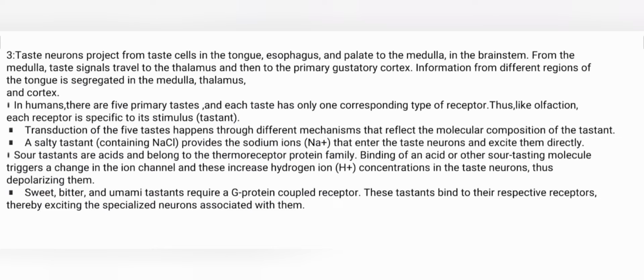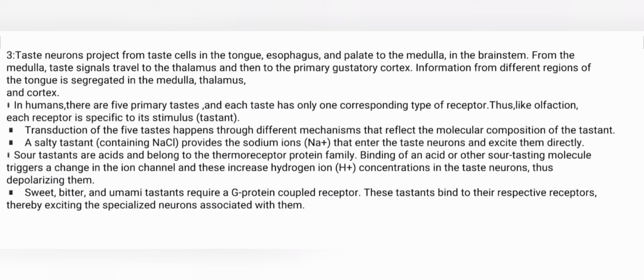Information from different regions of the tongue is segregated in the medulla, thalamus, and cortex. In humans, there are five primary tastes, and each taste has only one corresponding type of receptor. Thus, like olfaction, each receptor is specific to its stimulus, or you can call it a tastant.